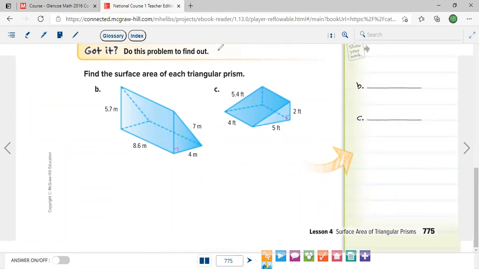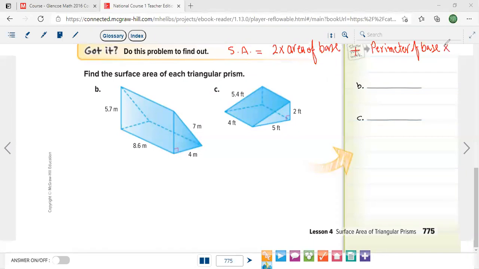Surface area equals 2 times area of base plus perimeter of base multiplied by the height of the prism.